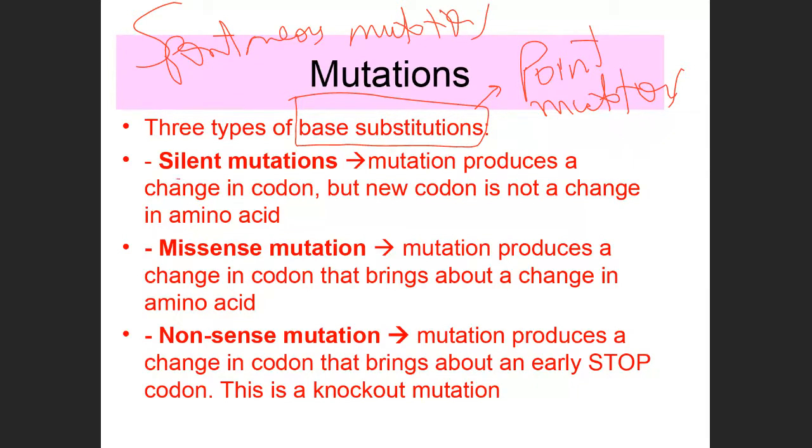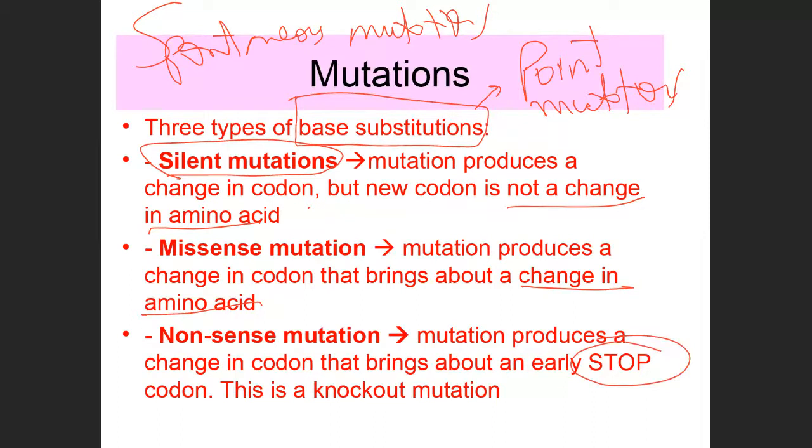So even though the base has changed, the amino acid has not changed. That's a silent mutation. A missense mutation is when the base has changed, and that does change the amino acid. A nonsense mutation is when the base changes and that change creates a stop codon.